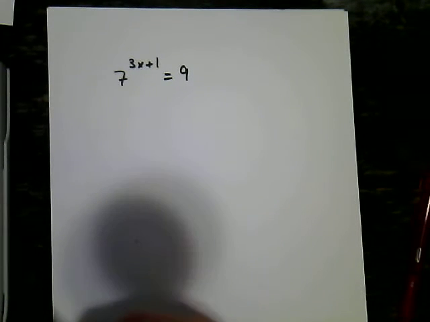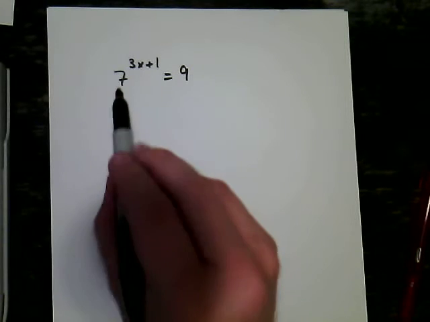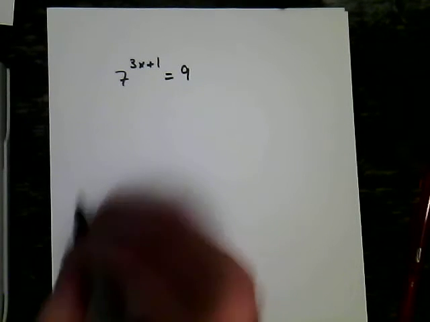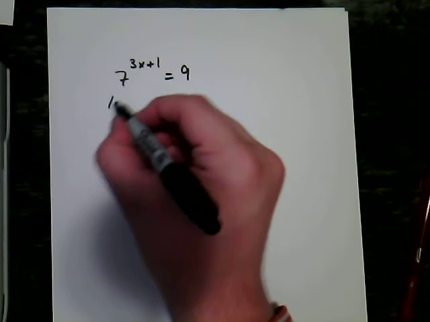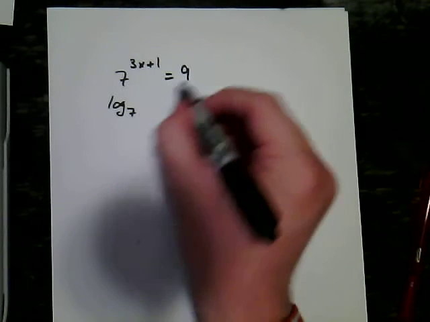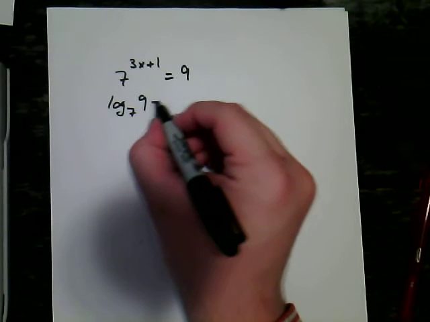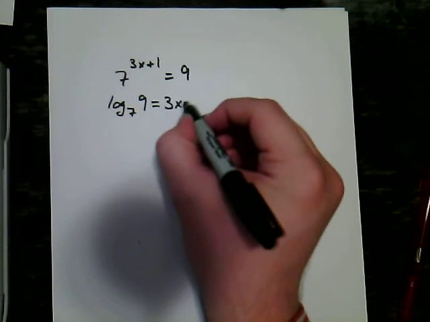That's just not going to work for us. So what we can do is rewrite this into log notation. Log notation tells us we have log base 7 of 9, just like we looked at the past couple weeks, equals 3x plus 1.